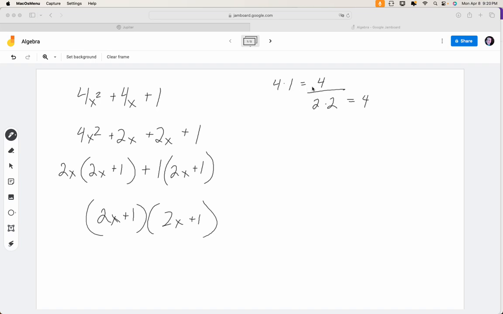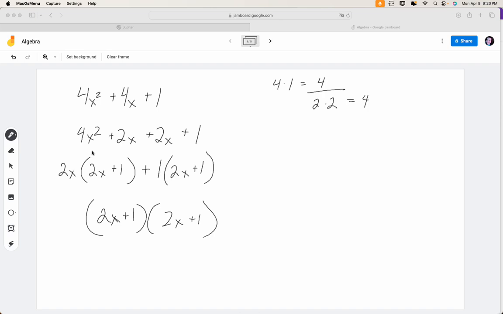So 4 times 1 is 4. The 2 factors that give me 4 are 2 times 2. That also equal 4 in the middle. The factors of 4 that give me the number in the middle are 2 times 2, right? 2x and 2x gives me 4x.